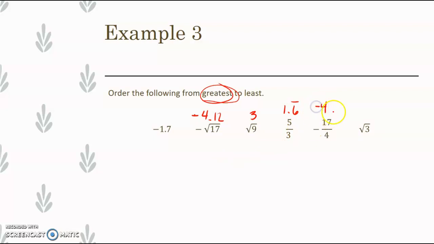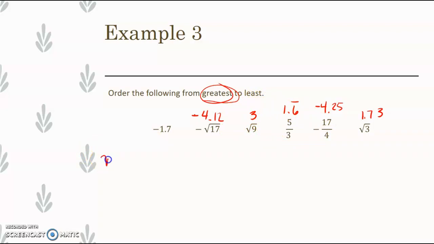Don't want to forget that negative. And we have 1 remaining quarter. And then the square root of 3, we know, oops. So the square root of 3 is 1.73.